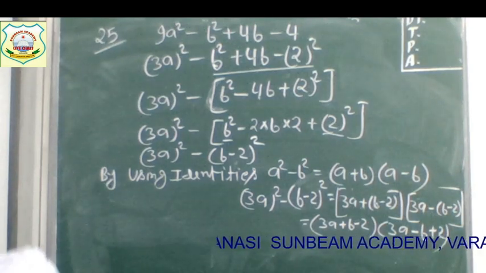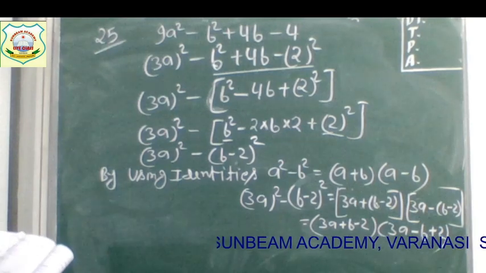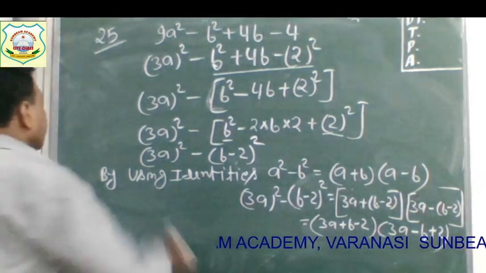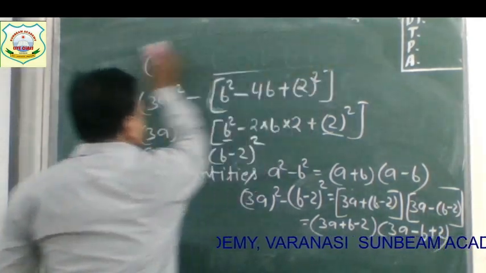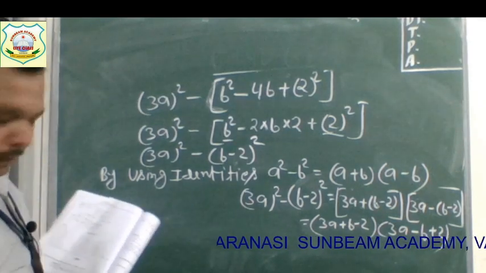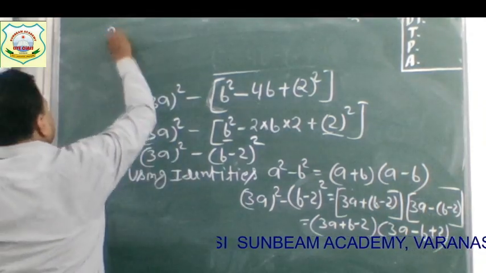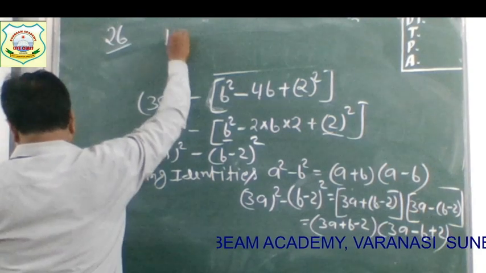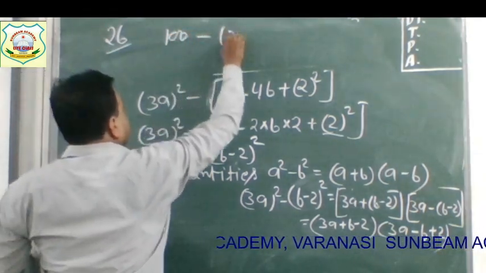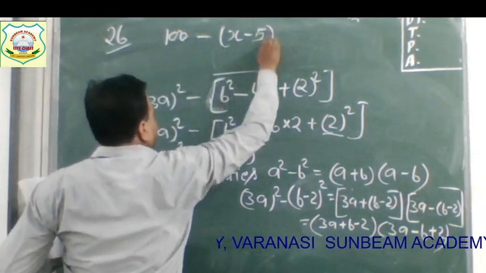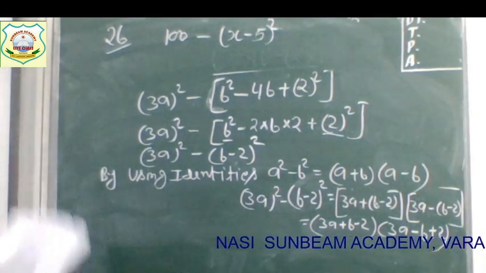Question number 26 is given: 100 minus x minus 5 whole square. Should we note it down?